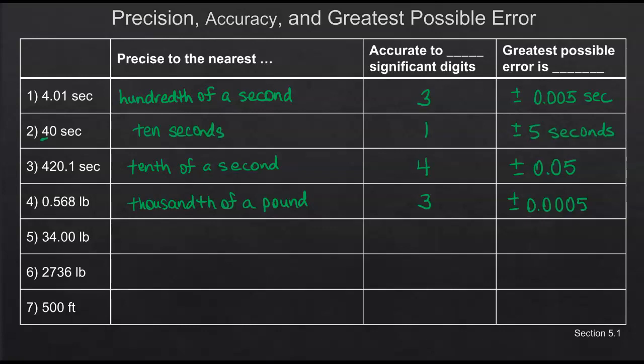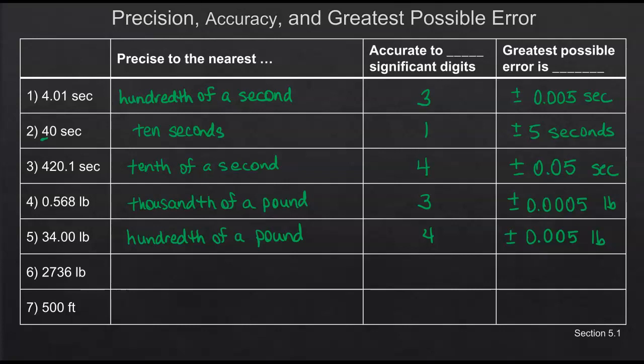34.00 pounds. We are precise to the nearest hundredth of a pound. It has 4 significant digits, and it will be plus or minus 0.005. Whoops, I haven't been putting those pounds on there. I better do that because it's important to have that there.